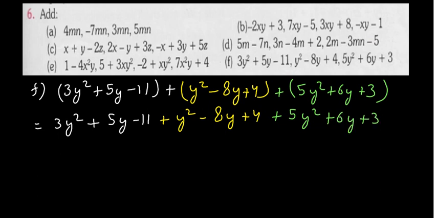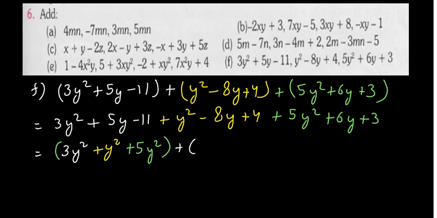So now we have to group the like terms. We have y square terms: 3y square, then plus y square, then plus 5y square. Out of all these three expressions, I have taken down the like terms.